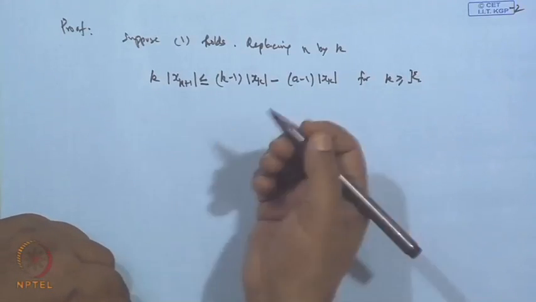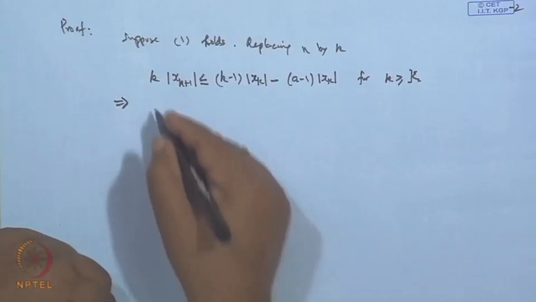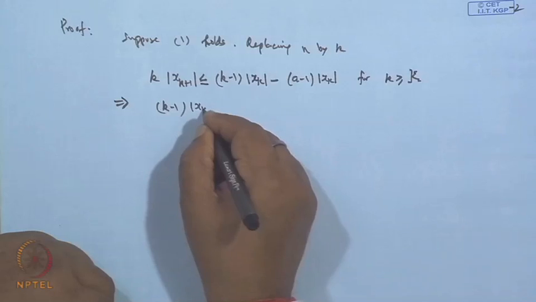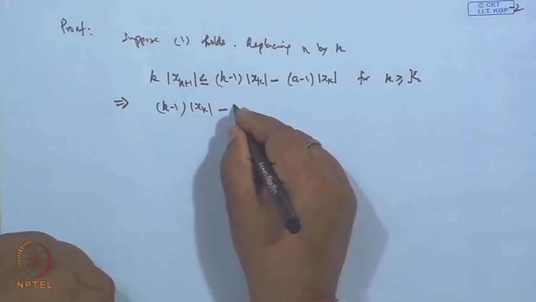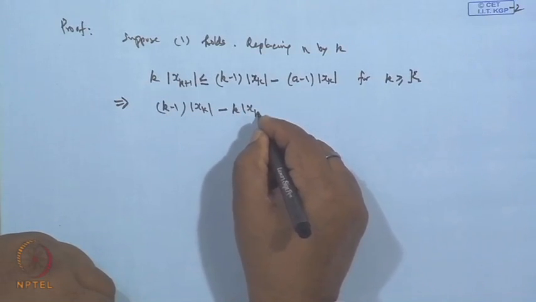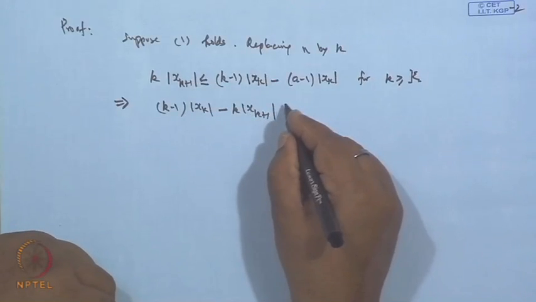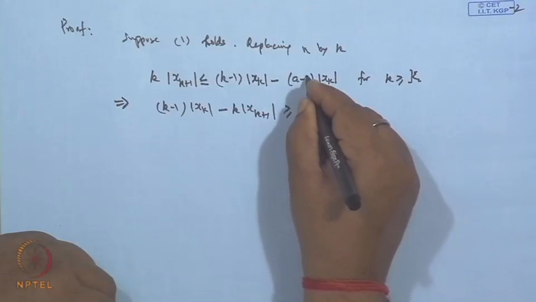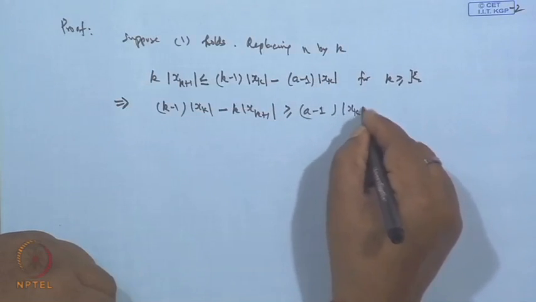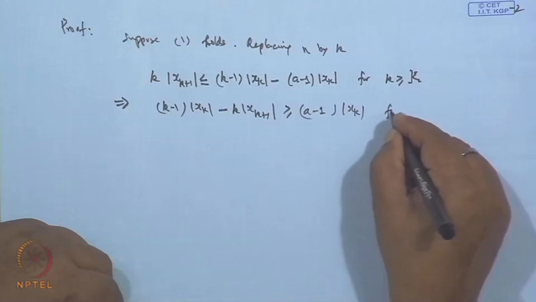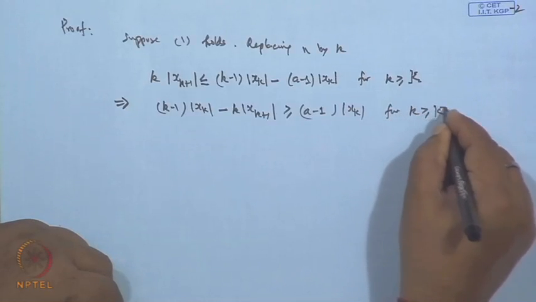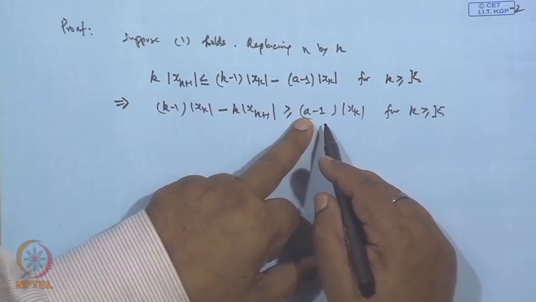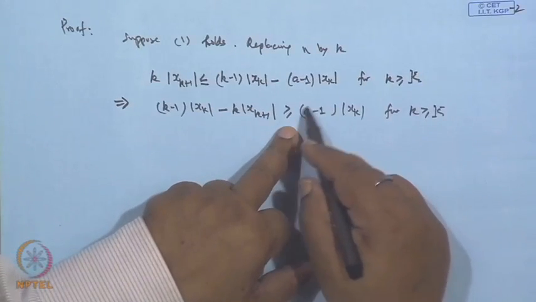Now, again reorganize it. So, this implies that (k minus 1) into |x_k| minus k times |x_(k+1)| is greater than or equal to (a minus 1) into |x_k|, and this is true for all k greater than or equal to capital K. Now, a is strictly greater than 1 in the first case, so this is a positive quantity.